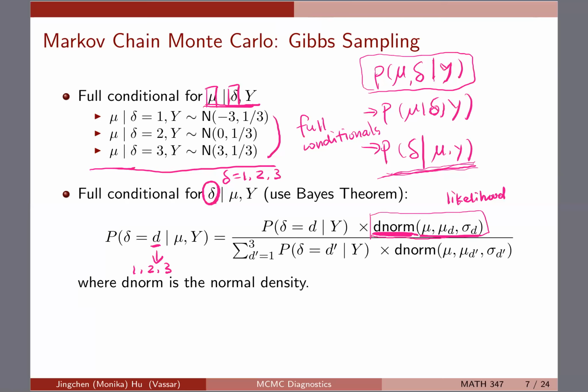So likelihood, and this is somewhat like the prior. And then down here, because I only have 3 different values of delta, I'll be able to sum them up as a way to use Bayes' theorem. Okay, so let me pause here a little bit. I think this might be hard to understand the first time.